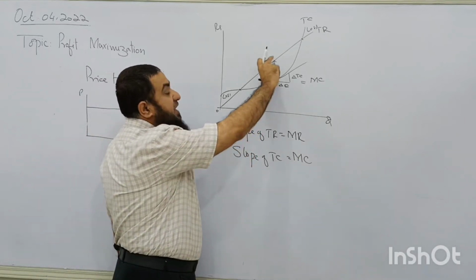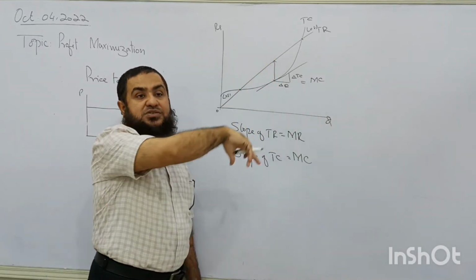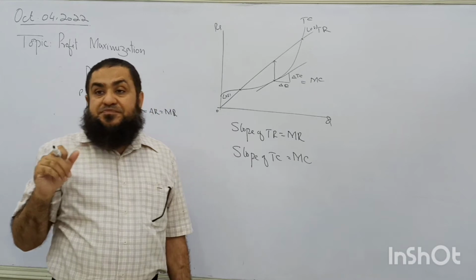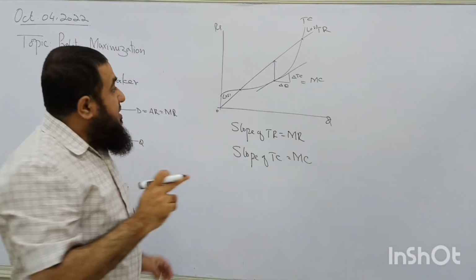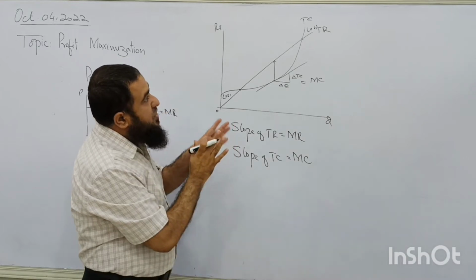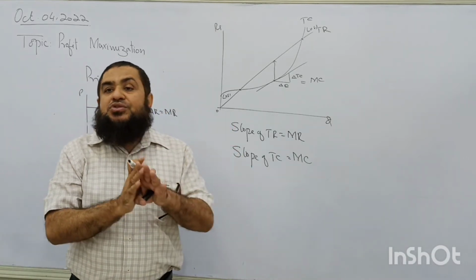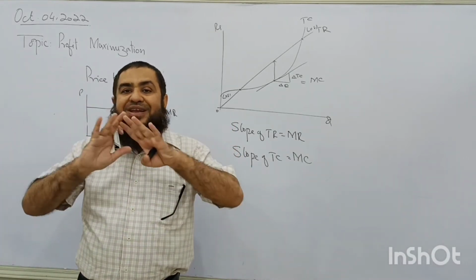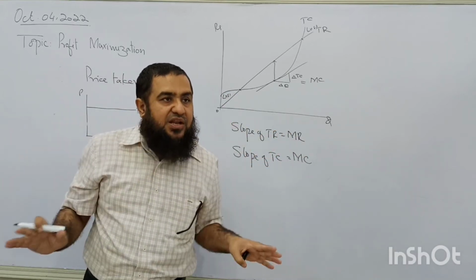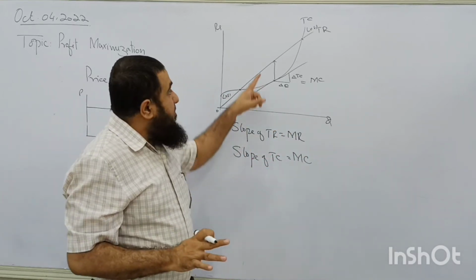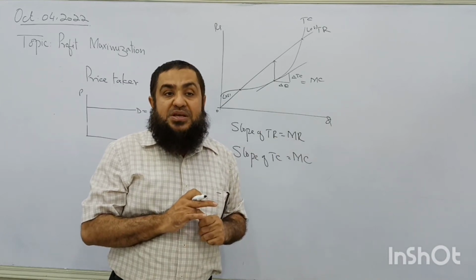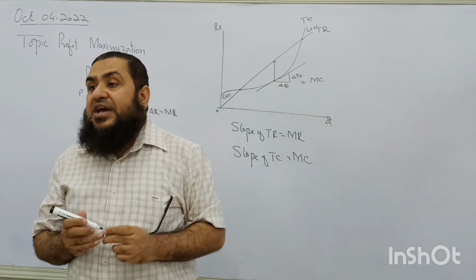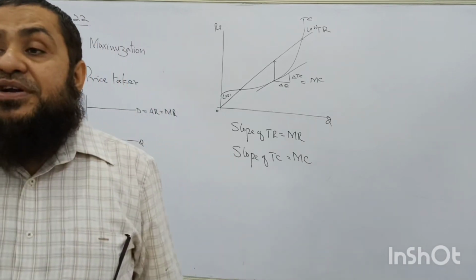The gap between total revenue and total cost will be maximum. Follow my point or not? When the slopes of total cost and total revenue are equal, or their gradients are having the same value, the gap between total revenue and total cost will be maximum. Or we say the marginal profit is zero.